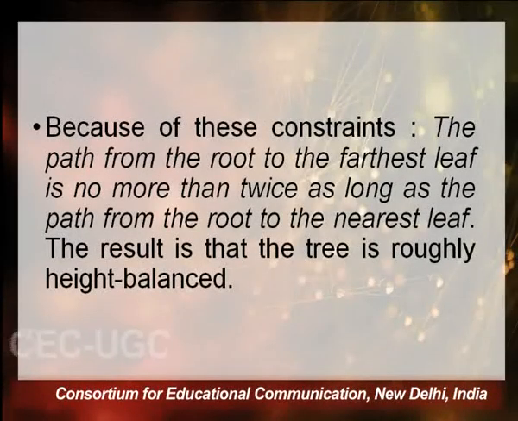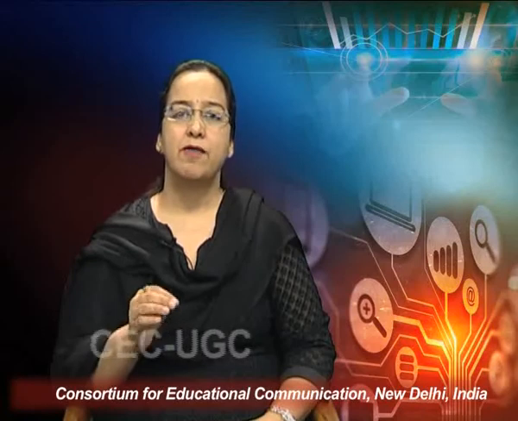What does this statement actually say? Let us consider a smaller path, from the root to its nearest leaf, and another, longer path, from the root to the farthest leaf.